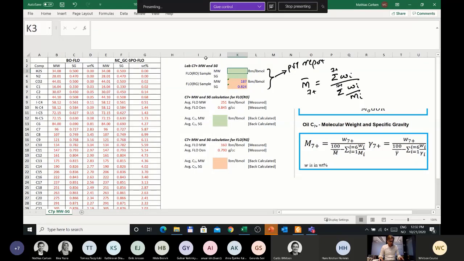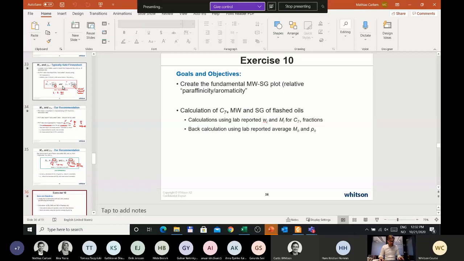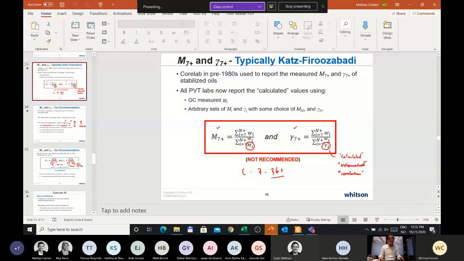What we see on the top here is the so-called wrong or not recommended way of calculating it, and that's just straightforward using the formula right here. We use weight percent and not mole percent because that's what's measured in the stock tank oils.